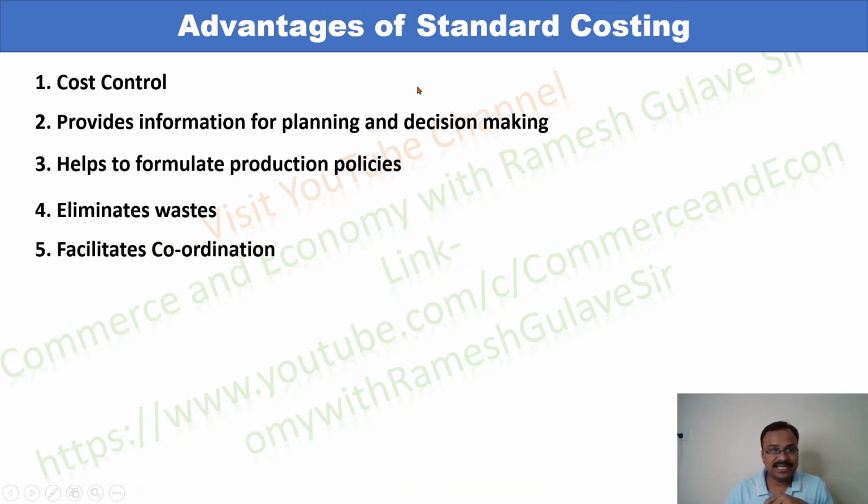The next advantage says it facilitates coordination, right? So we have already discussed that under standard costing we set the standard cost, and standard costs are compared with actual cost, right? So to set the standard cost, we need to coordinate between various departments of the organization, and in this way standard costing facilitates coordination between various departments of the organization.